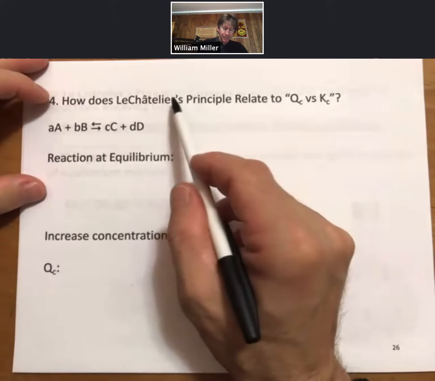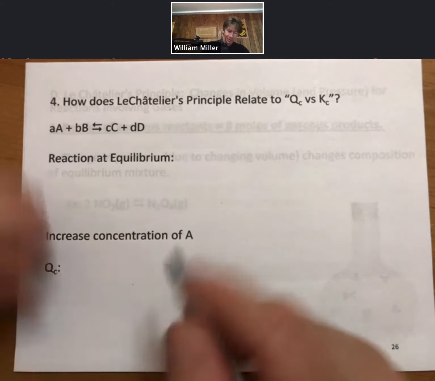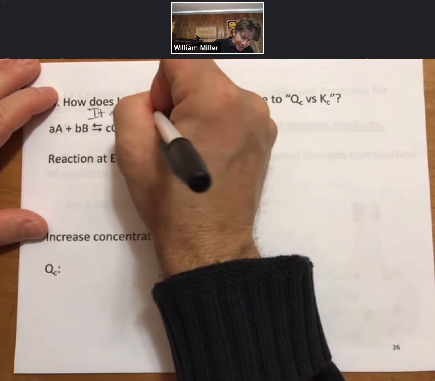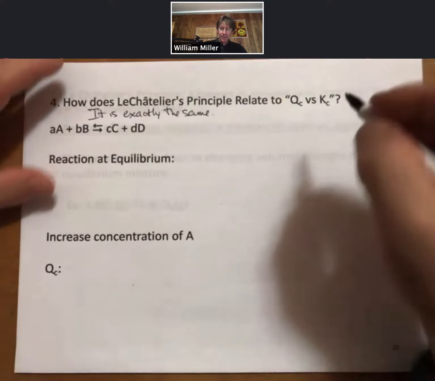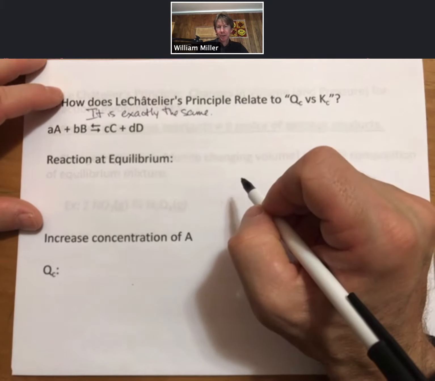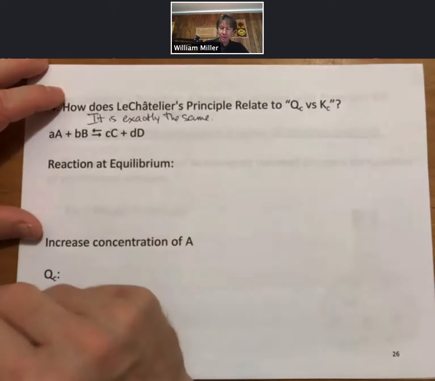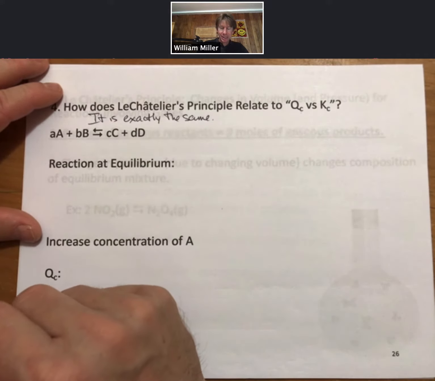Now, how does Le Chatelier's principle relate to Qc versus Kc? The first thing is, it is exactly the same thing. Qc versus Kc tells you which way a reaction shifts to get to equilibrium, and Le Chatelier's principle also tells you which way a reaction shifts to get to equilibrium.